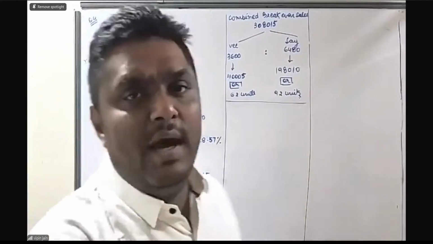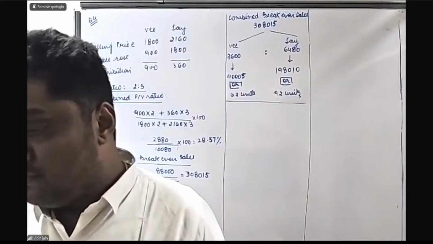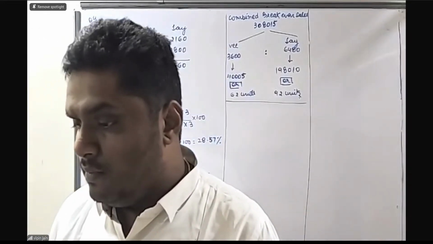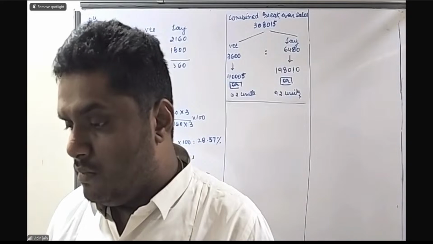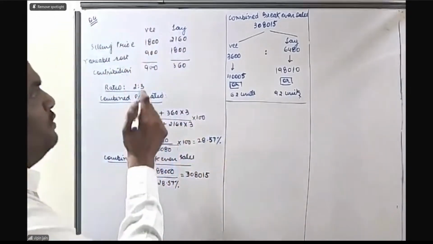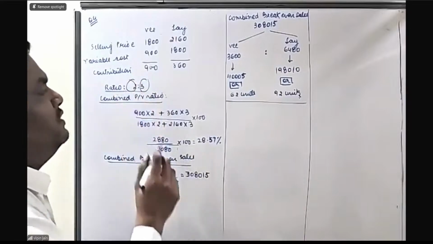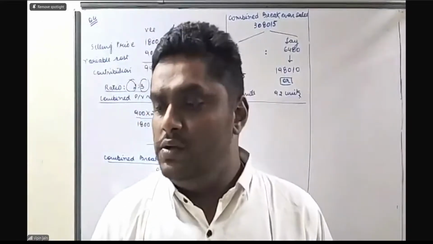If you guys have any doubts or queries, you can please post, waiting for your queries. We have to give the impact of these units also, that is the units are in the ratio of 2:3. So we have to give the impact of this quantity also.